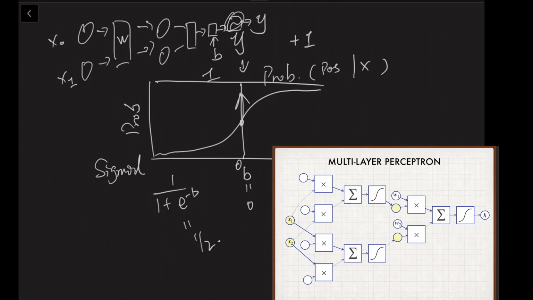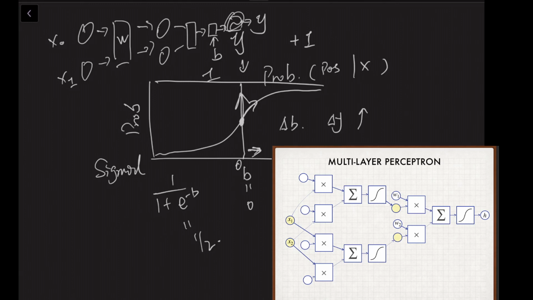Obviously, you want b to change this way, so that y, the probability, will move up this way. It is easy to find that when you have a delta b, y will not move up as much as you move to the right in the direction of b. So you have the derivative here.